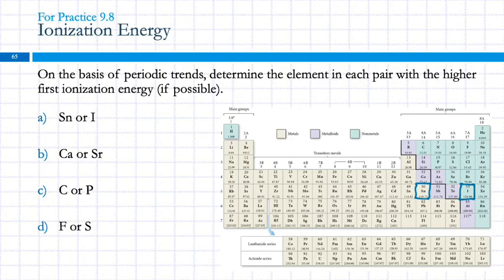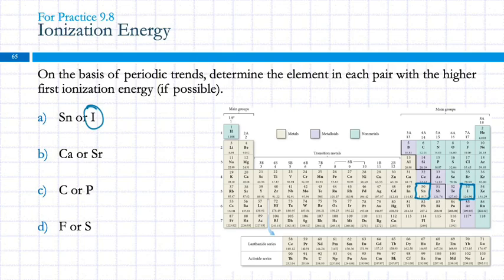The smaller, because it's harder to take an electron away. So I'm looking for the smaller atom. The trend is I'm going across from tin to iodine. Are they getting smaller or bigger? They're getting smaller. So we predict that iodine has the larger first ionization energy. There will be problems like this on the exam.